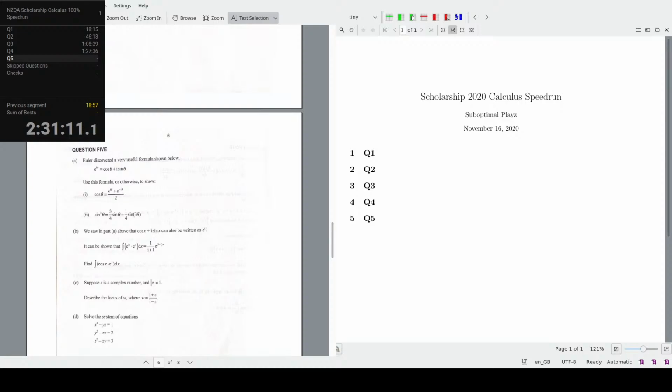For 4C, I got -8. Wait, I swear, I just realized 5C, I swear, it's like a Mobius transform, right?